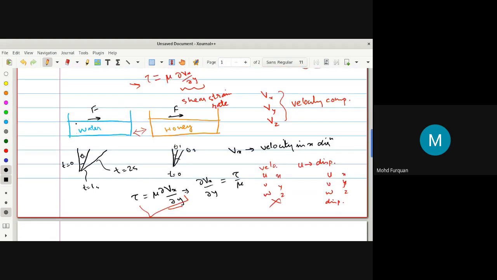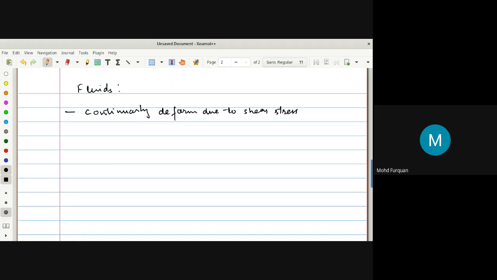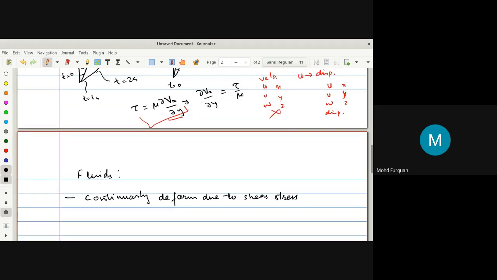Let me give you another example. Say, for example, you have a bottle of water. Let me draw a bottle of water. Now, if you tilt this bottle of water, I'll not go into the detail of the calculation.